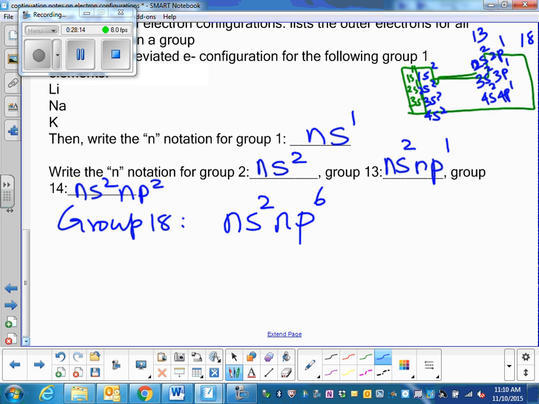Let's think about the D block. In the D block, after 4s, what comes next? 3d. Is that right? So what will be the electron configuration for, say, scandium in the D block?